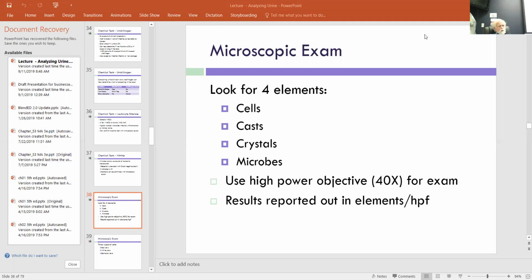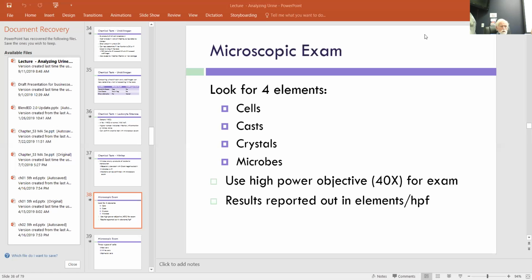Color variation is a result of how hydrated you are, what you've eaten or consumed most recently, what drugs you might be taking, lots of different things. But certain colors are indicative of problems. Pink or red indicates blood in the urine. That can be a problem.